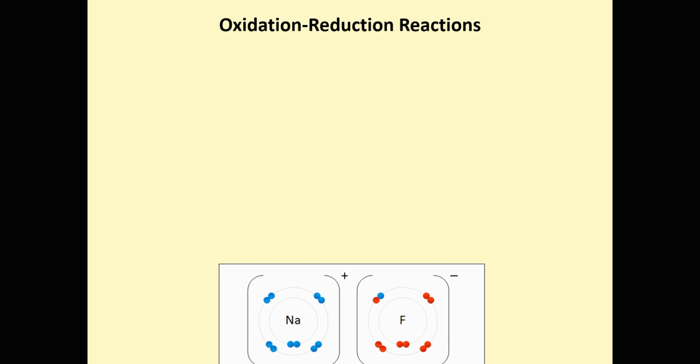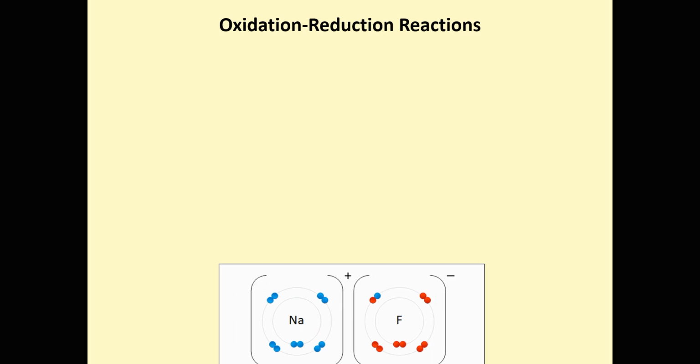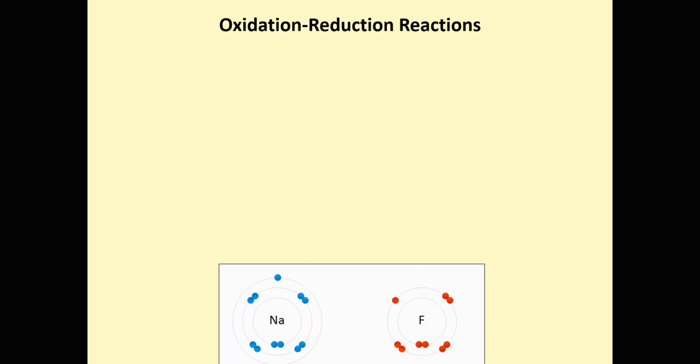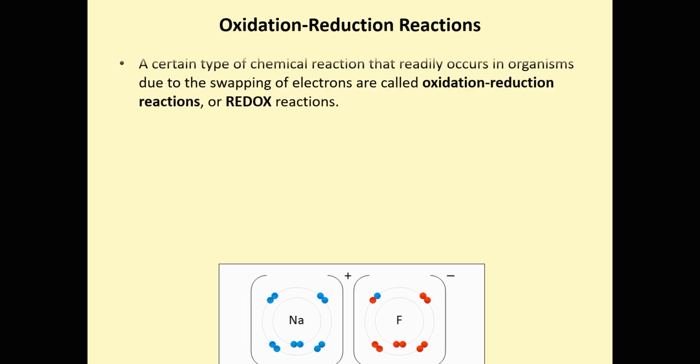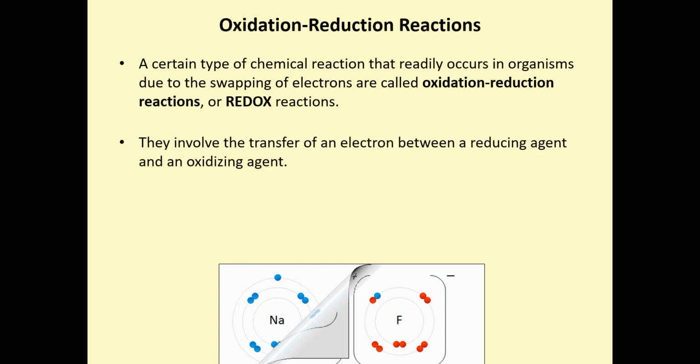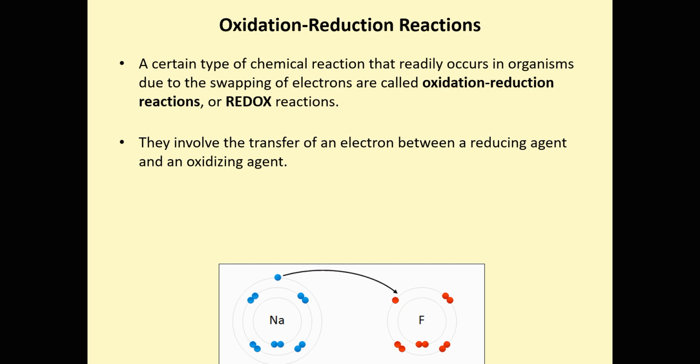And if you just saw down there, sodium had an electron and it gave it to fluorine. Sodium has thus lost an electron and fluorine has gained it. And in a way you could say sodium has lost energy, fluorine has gained energy. This is called a redox reaction or an oxidation-reduction reaction.